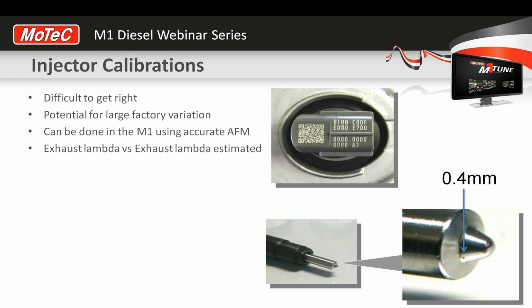We're working on a nice calibration method and on a live calibration method to fix that. What we've got right now does work very well, but things like the lambda estimate not lining up with the real lambda are things that can show you that what we think is being delivered to the engine isn't being delivered to the engine.